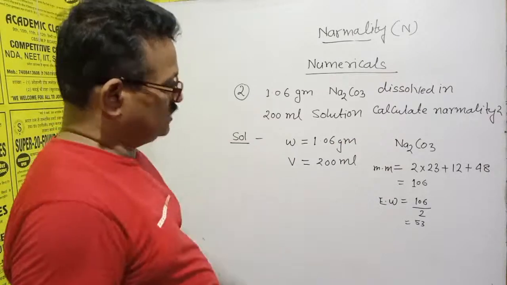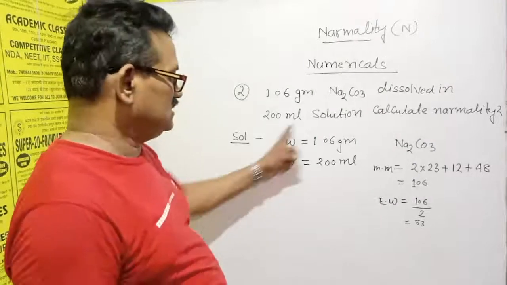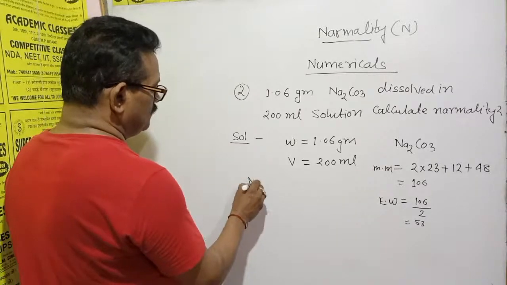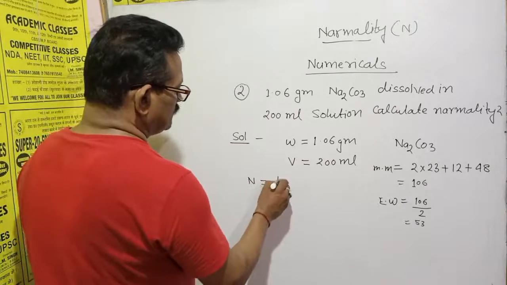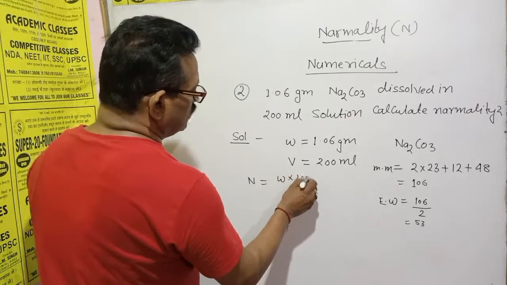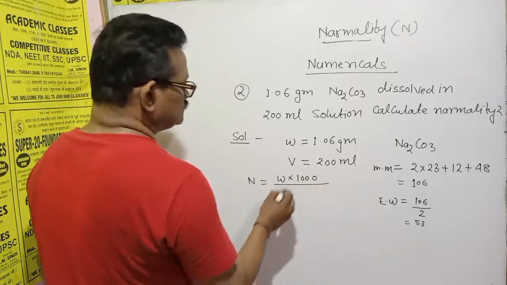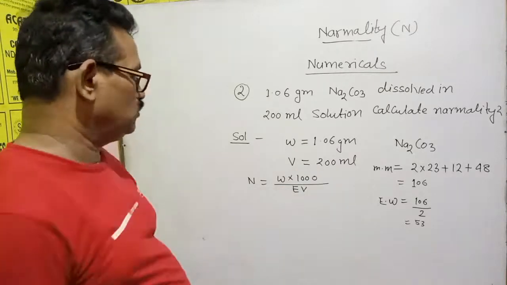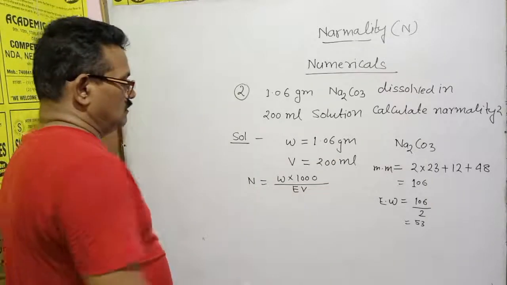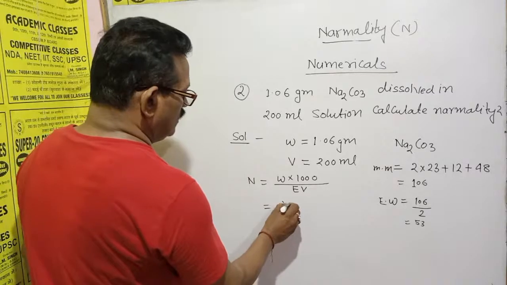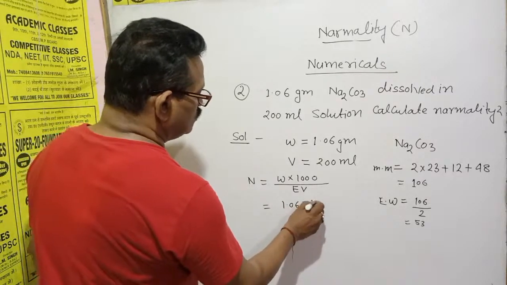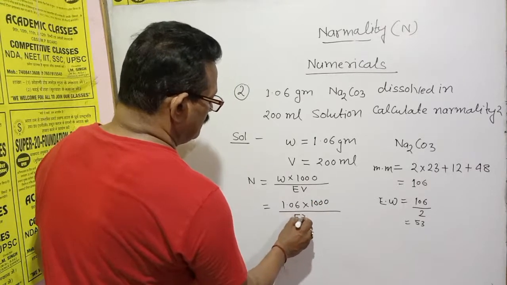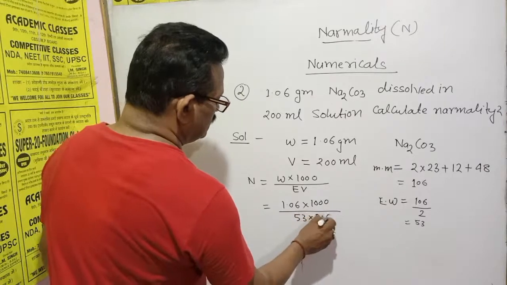Then putting all these components in the normality formula. This is the small w into 1000 upon E into V. This is your normality formula here. Putting all these, 1.06 into 1000 upon 53 into 200.